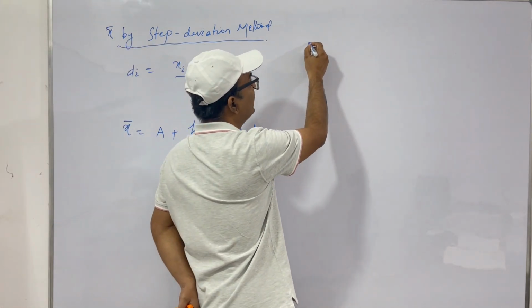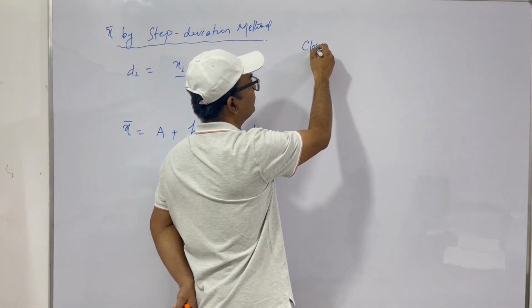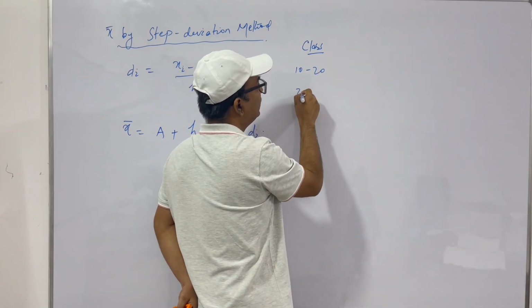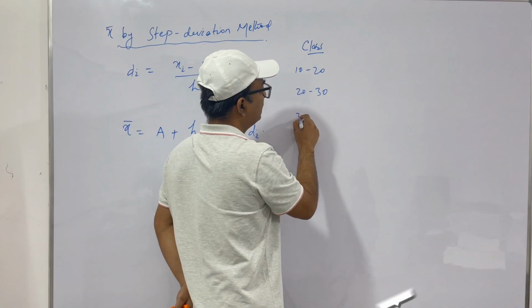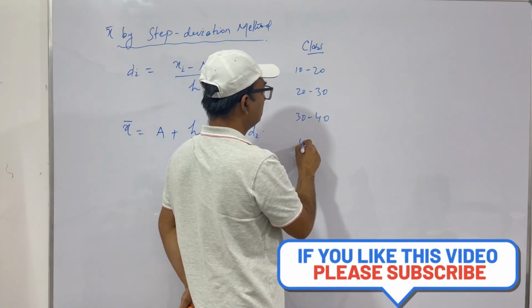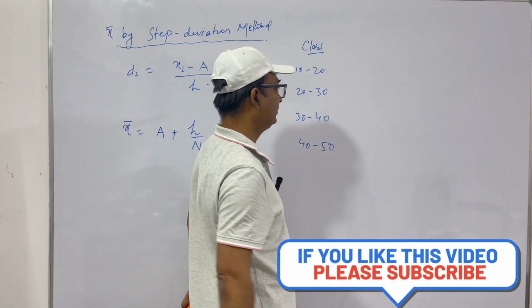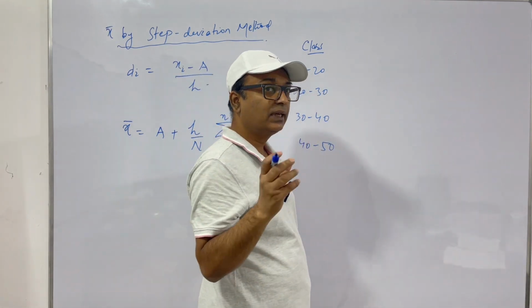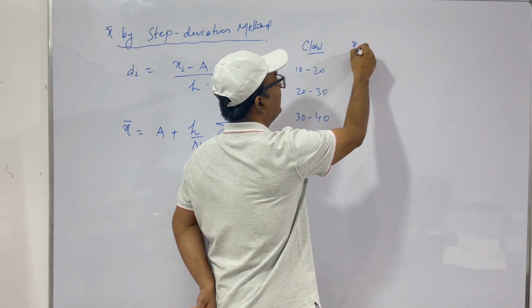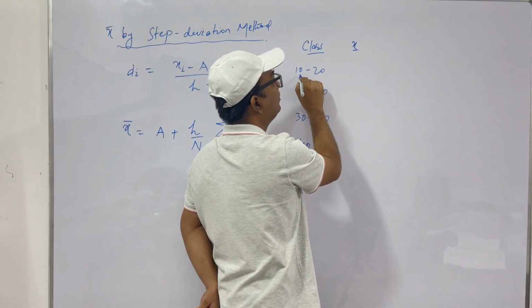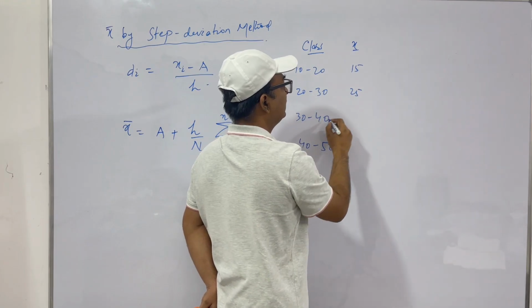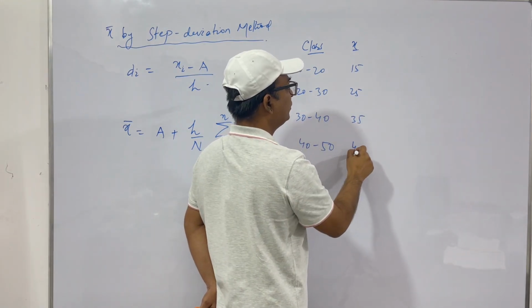Let's say these are our classes: 10 to 20, then 20 to 30, 30 to 40, 40 to 50. When we have a class, we take x as the mid value of the class. So if this is 10 to 20, x will be 15. This is 25, this is 35, this is 45.